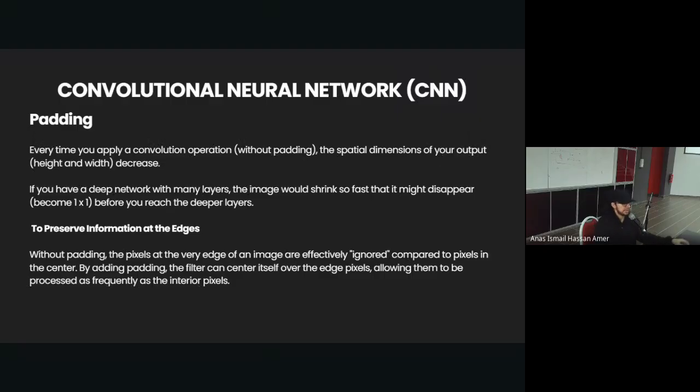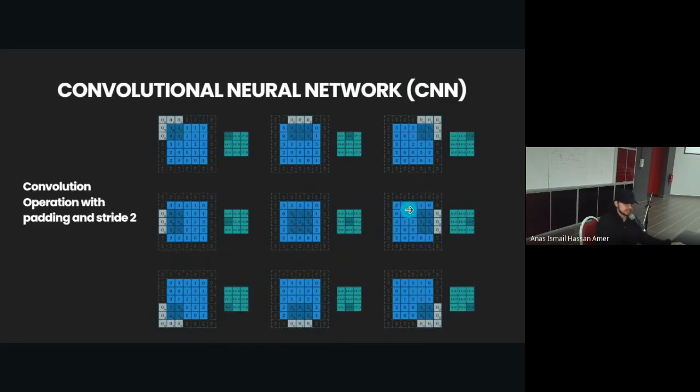So when you add padding, you kind of push the pixels that were on the edge to the middle a bit, because now we have an extra border. So the ones that are not getting processed as much are just 0 values, so they don't affect as much. And then the pixels that were at the edge are now getting more exposure. Okay. So this is an example of the padding operation.